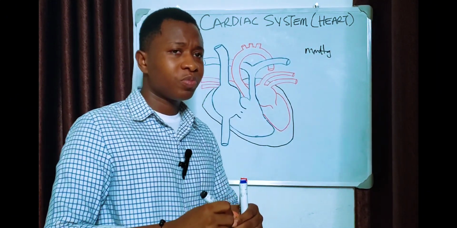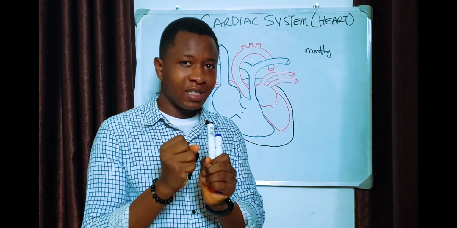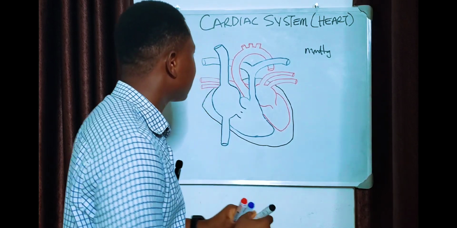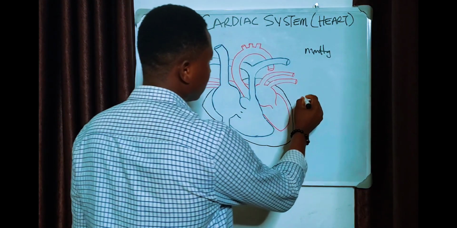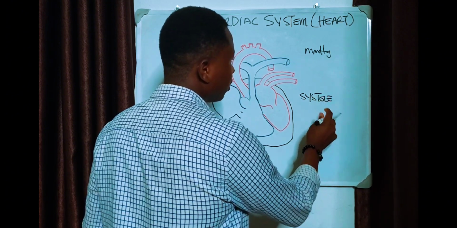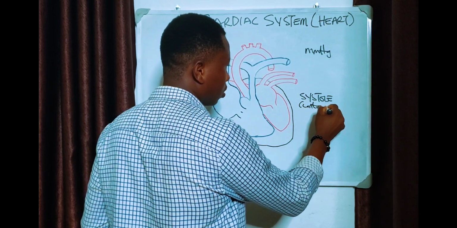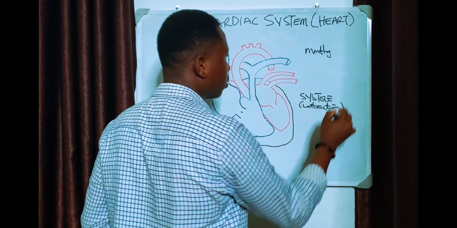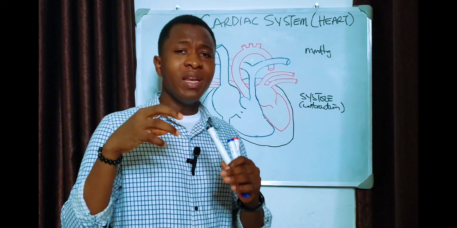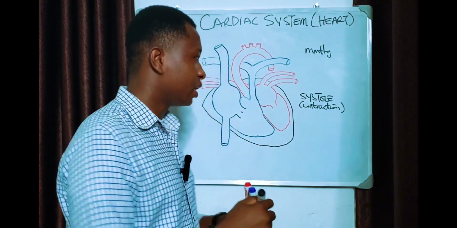The contraction of the heart is referred to as the systole, right? So this is the term for contraction. Then when the heart relaxes, it is referred to as diastole.